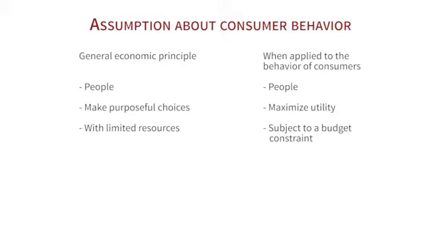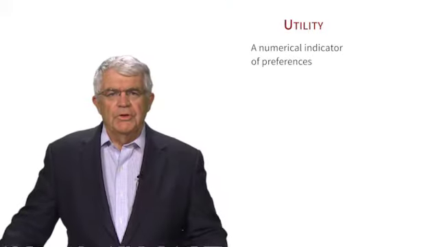In this case, the people will be maximizing their utility, we'll call it, subject to a budget constraint. So purposeful choices becomes maximizing their utility, which we'll describe in a minute. And the limited resources is going to reflect the fact they have a budget constraint, which means they only have a certain amount that they can spend in a particular period. So let's go with this.